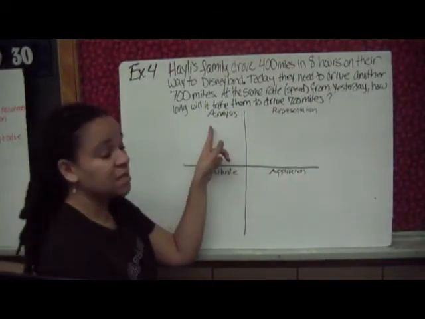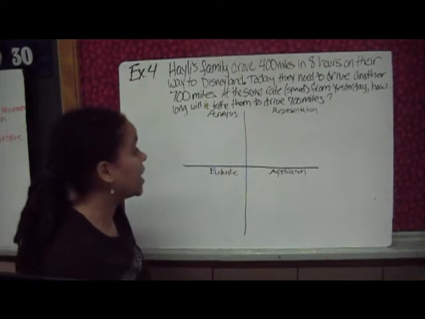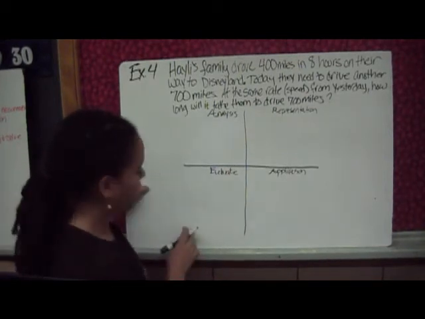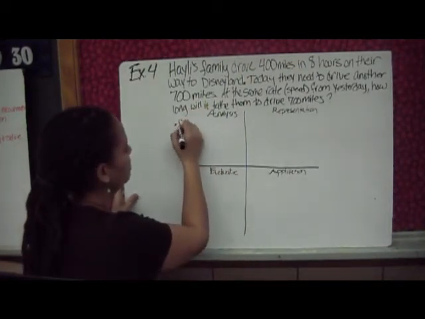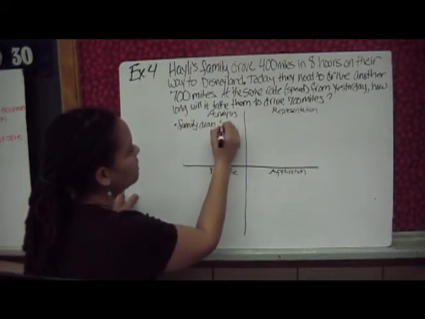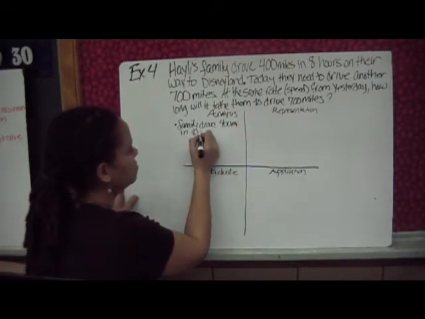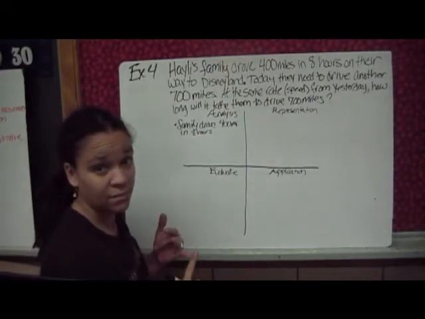Okay, so analysis, this is where you figure out and analyze the problem. What kind of information do you actually have available to you? Well, we know that the family drove 400 miles in 8 hours. We do know that.